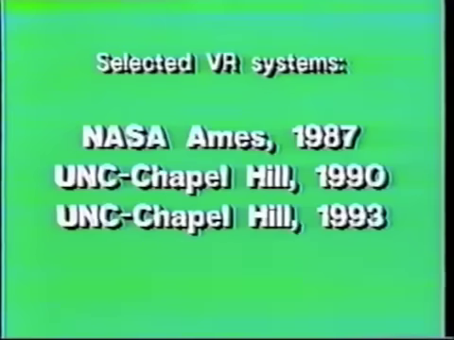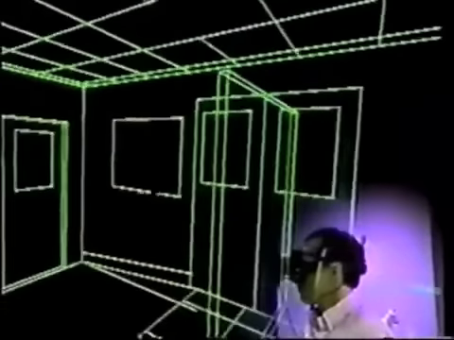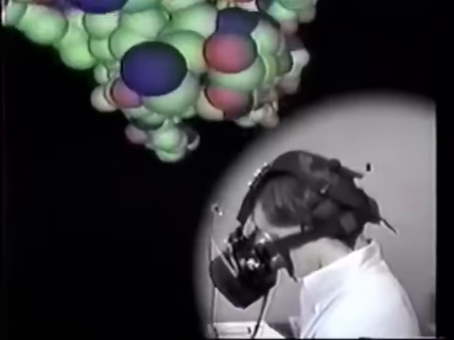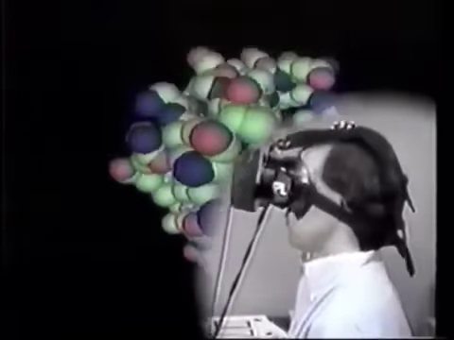Virtual reality has progressed rapidly in the last half-dozen years. This video shows snapshots of 3 systems to try and give a sense of the progress that's been made over that time. What you see here is the NASA Ames head-mounted display from 1987, which used wireframe graphics and a custom-built head-mounted display. This is a 1990 vintage system from the University of North Carolina at Chapel Hill.